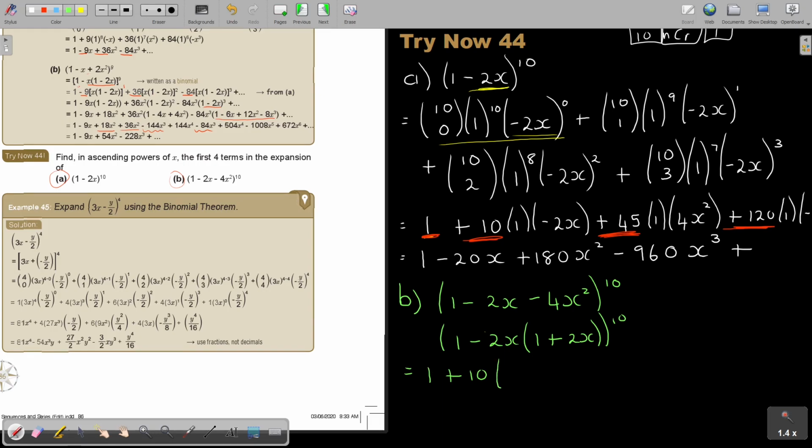But for this one, it's going to be negative 2x, bring that term in, negative 2x, 1 plus 2x, and that is just to the power of 1. Okay. And then the 45. The 1 is all right, so it's going to be, okay, I can't even put it, it's negative 2x, 1 plus 2x, and that's going to be squared.